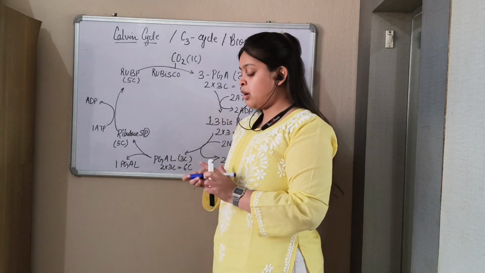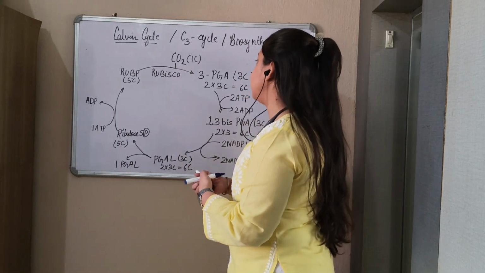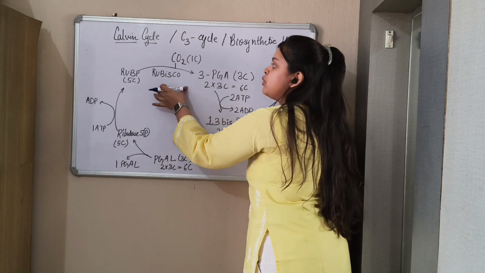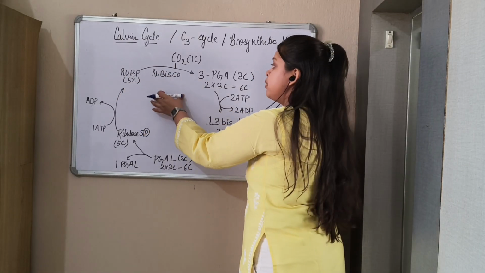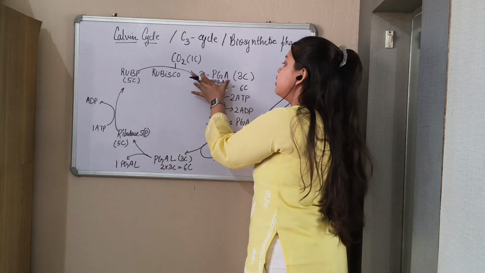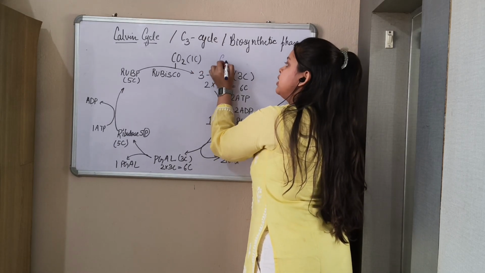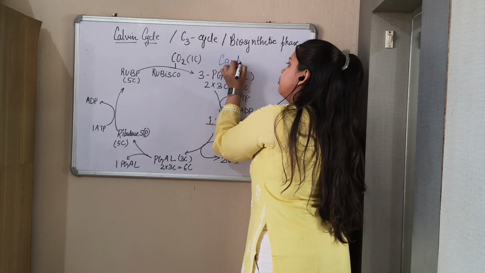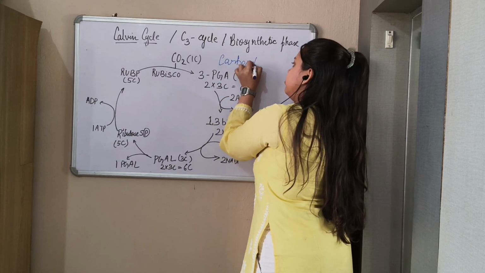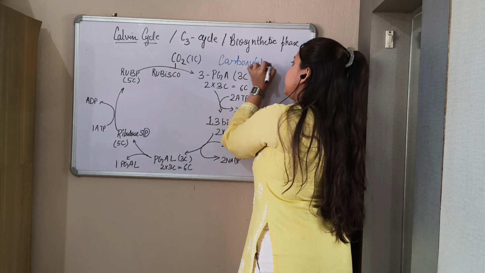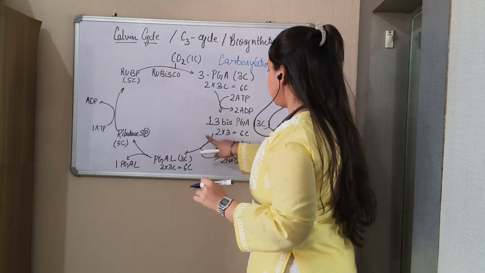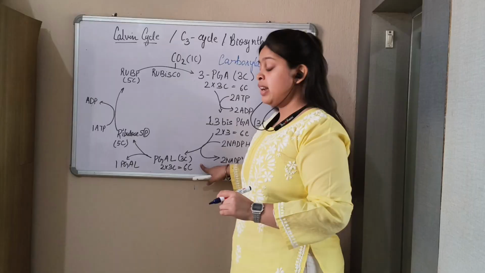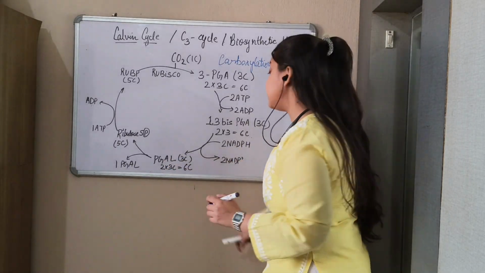So what I was talking about, the three phases of this Calvin cycle. The CO2 molecule is accepted by the RuBP to form the first stable compound, 3-phosphoglyceric acid. It is the carboxylation step. The second event is 1,3-bisphosphoglyceric acid getting reduced into phosphoglyceraldehyde.